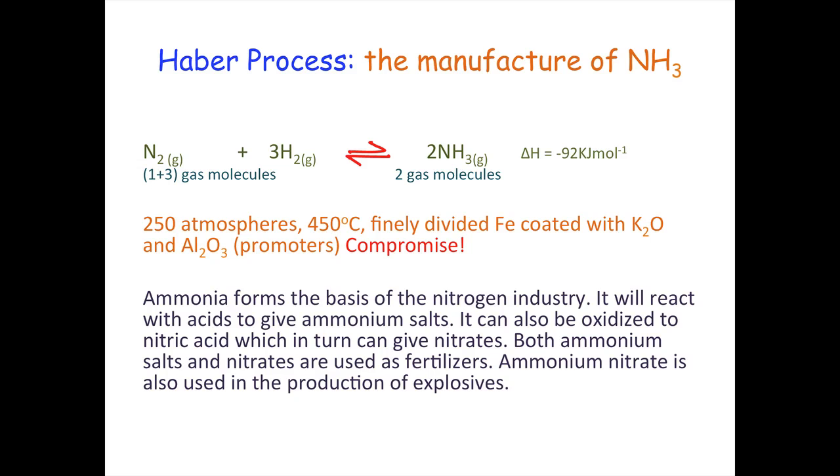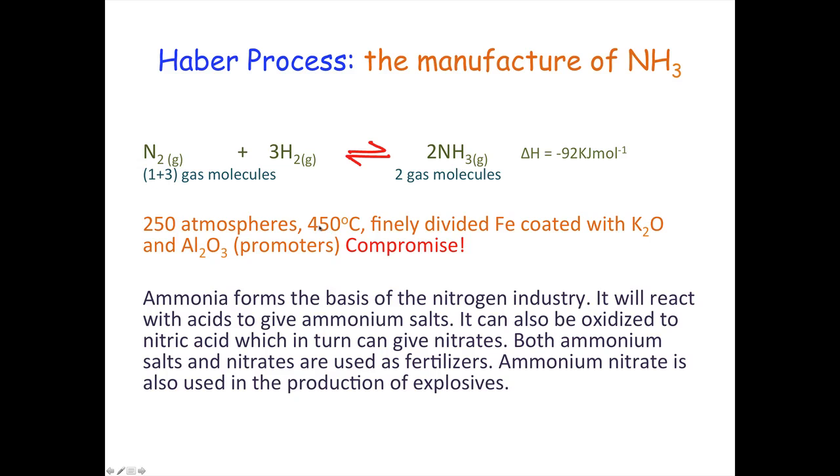So that's a cost there. As well as the reaction vessel itself will have to have thicker walls so it can sustain such high pressures. So you also have a cost factor there as well. So they have come to a compromise that 250 atmospheres is good enough. With a 90% yield, we can make enough money out of that kind of yield. So we are happy with 250 atmospheres.